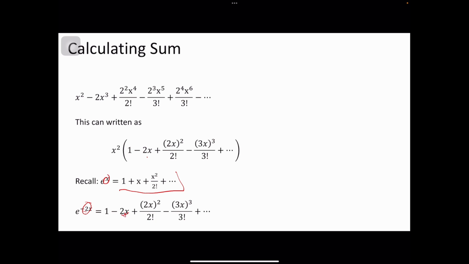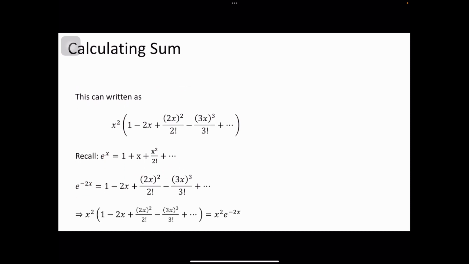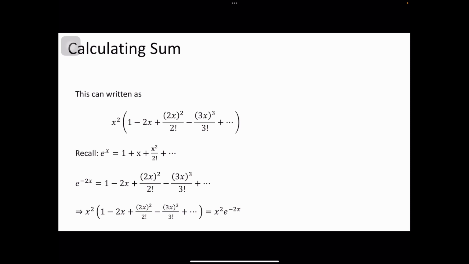Then we will continue on. So now with that, we can now write this instead as this. So it will be x squared times e to the power minus 2x. Why? Because e to the power minus 2x is equal to this here, and that is the sum of this exercise.